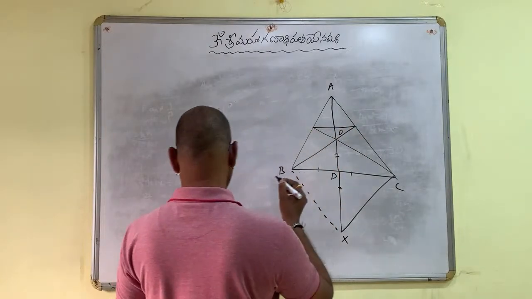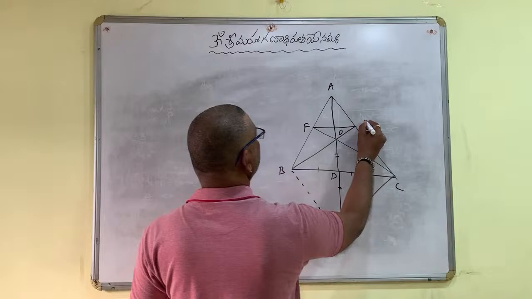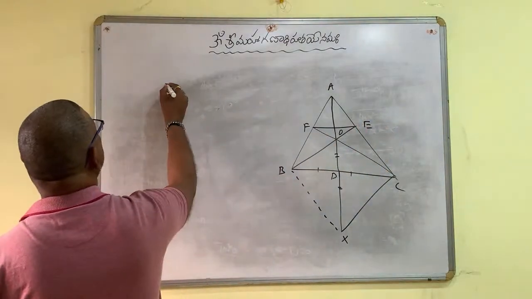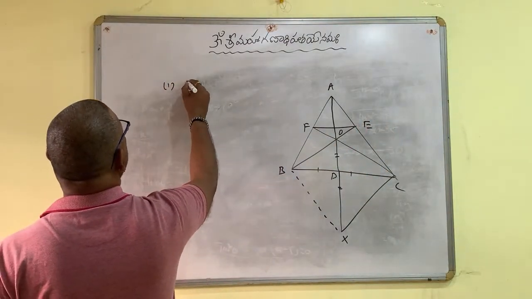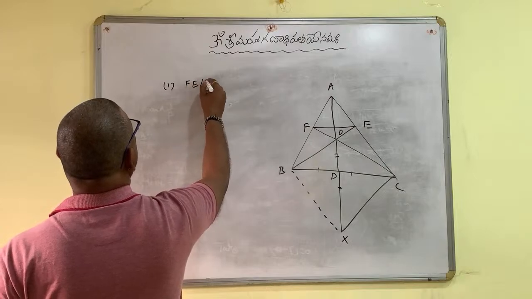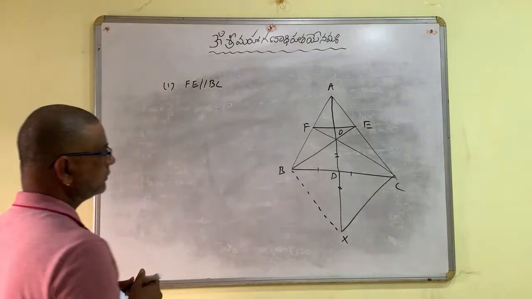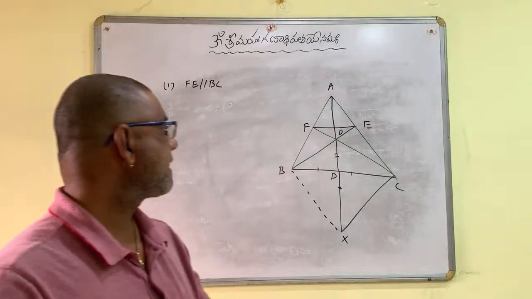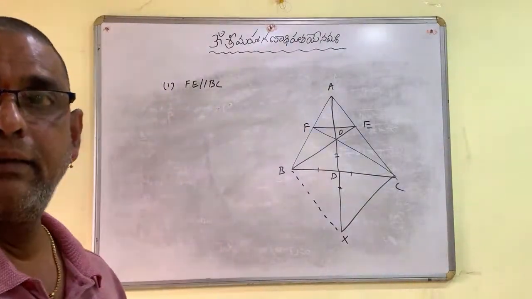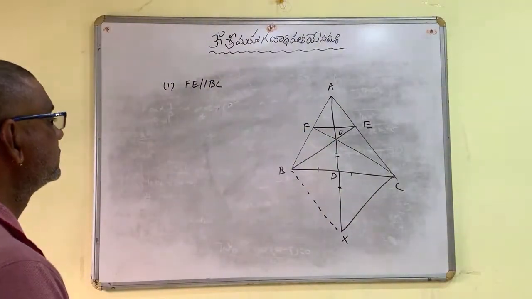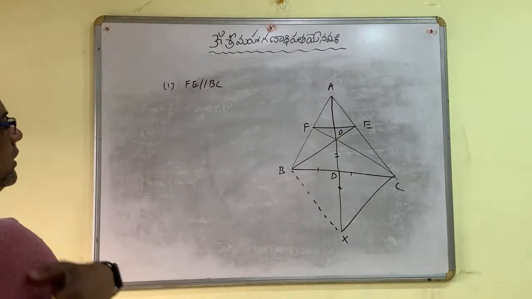This is F, E. First question, what is being asked? Is FE parallel to BC?